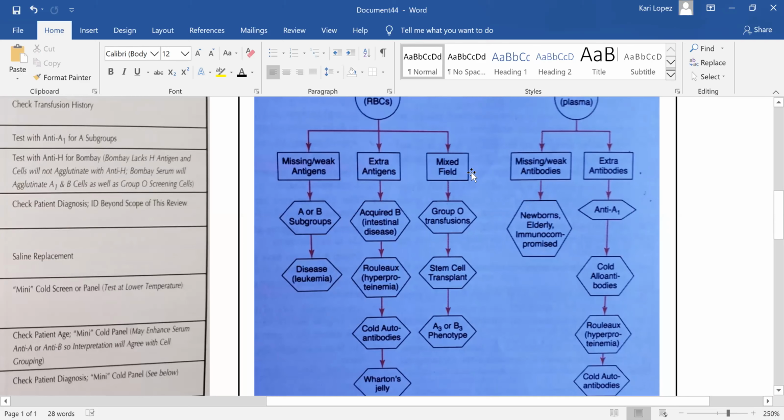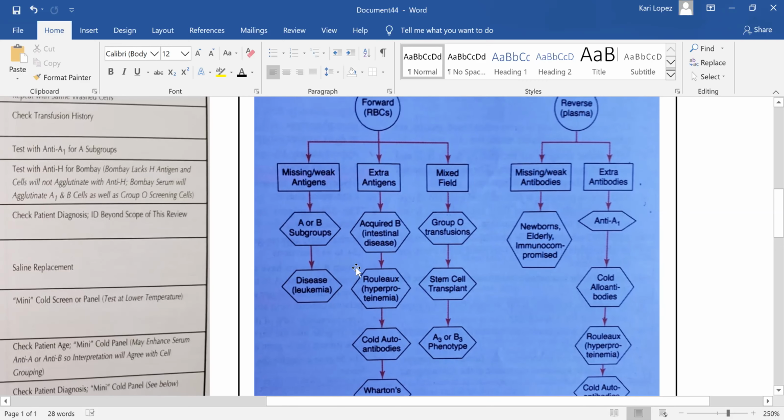Most of the time, a mixed field is group O transfusions to a type A or B patient. Or it could be in the case where someone messed up and the patient got the wrong blood type. And then a stem cell transplant. So if they've recently undergone a stem cell transplant, that could be where you're getting your mixed field, or type A3 or B3 phenotype.